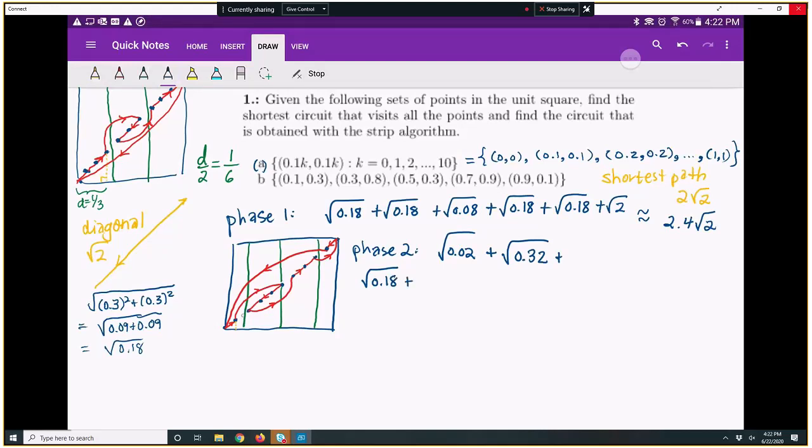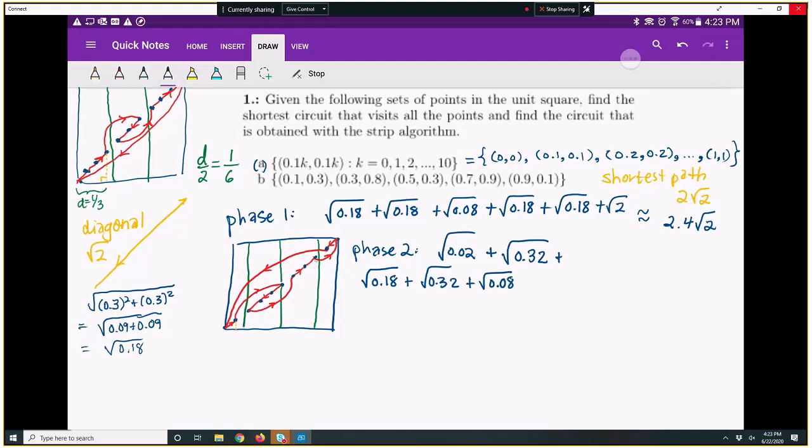So now we've gone up, up, and back down. Then going up to the next one is the distance square root of 0.032, not 032, just 32. So 0.32. So now I'm here in the third strip. Then going up to the top of the third strip is plus square root of 0.08.